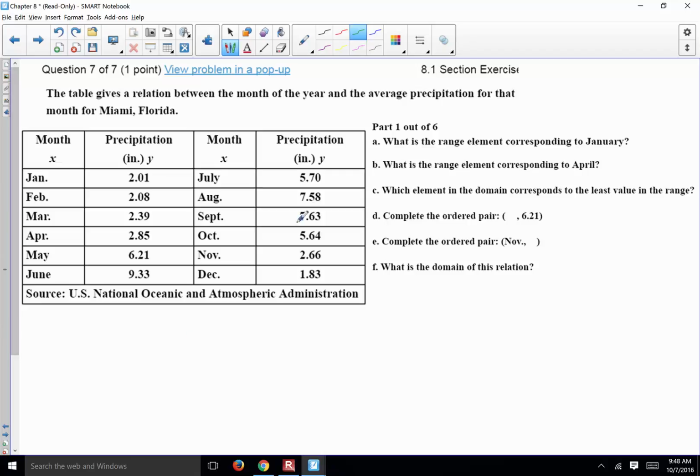But you're going to answer it by looking at this table. There is a relation here. What is this relation about? This is a relation between month of the year and the precipitation. Average precipitation in each month. In where? Florida. Miami, Florida. In January you get 2.01, February 2.08, etc., all 12 months.